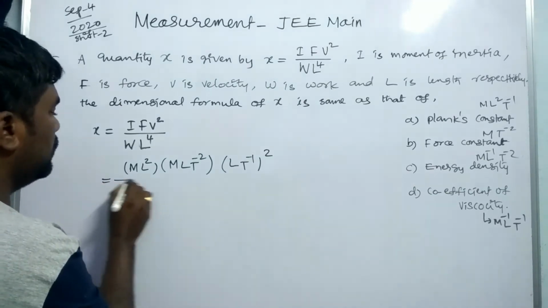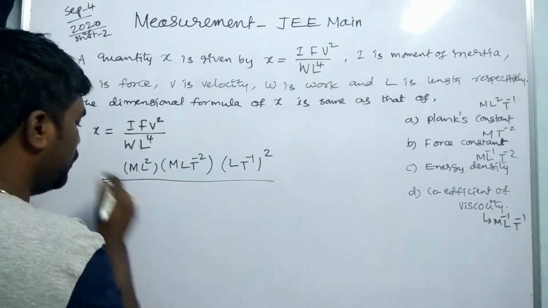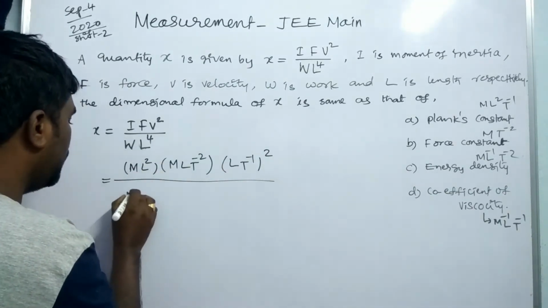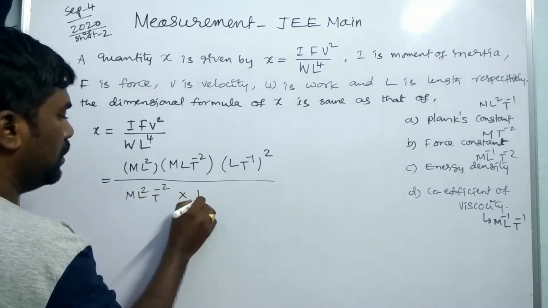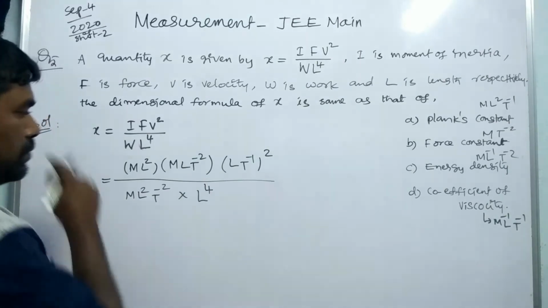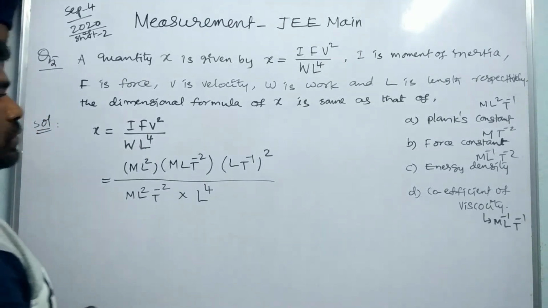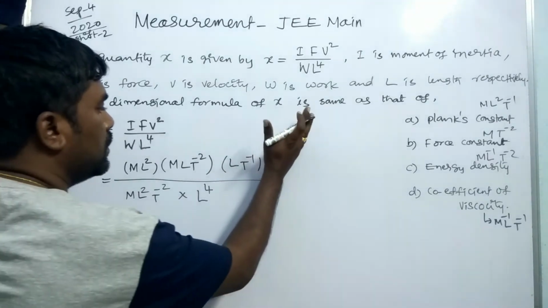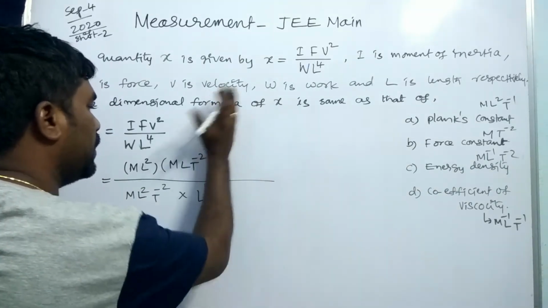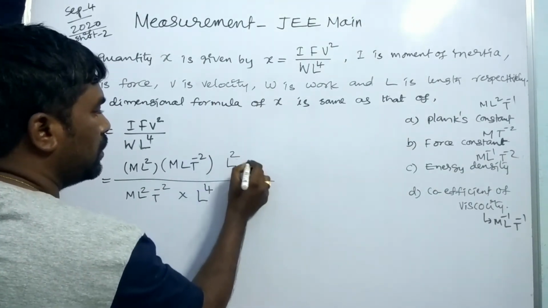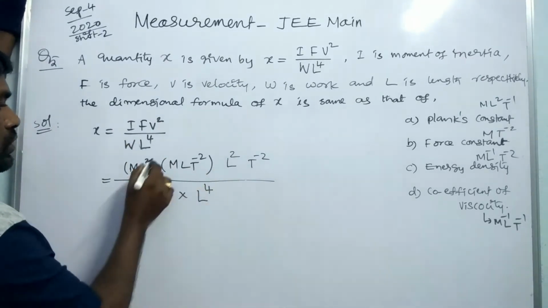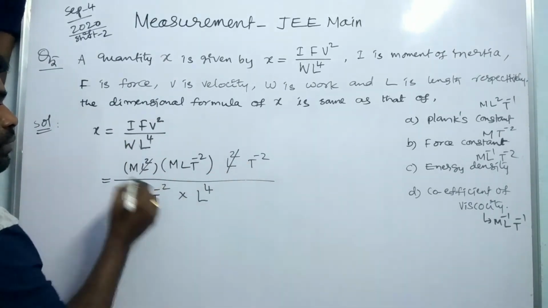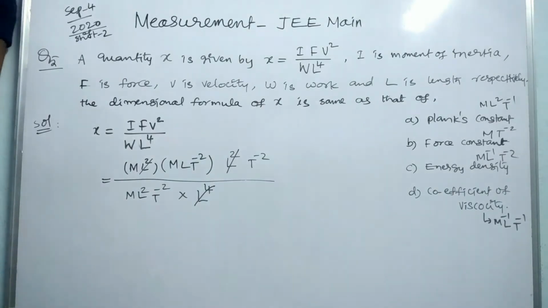W is work, which is M L2 T minus 2, into L to the power 4. So this can be written with L square T minus 2 because of V square, and L power 4 and L power 4 get cancelled.